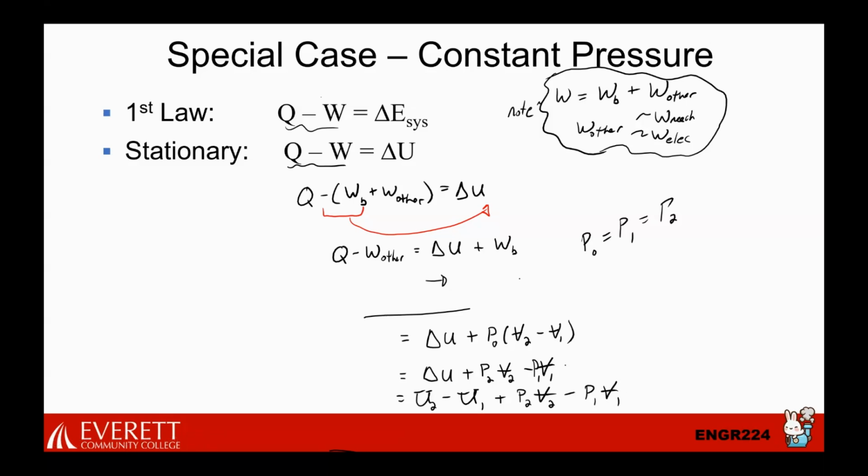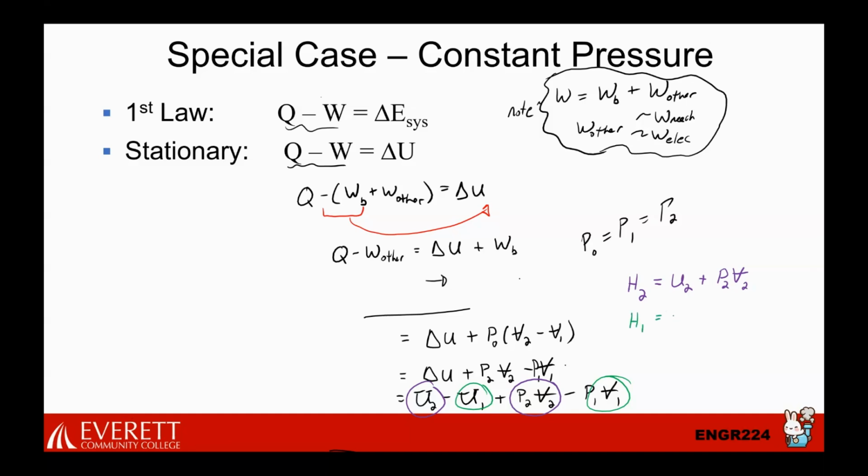So this interesting form in here is we can combine some like terms. So we can say, all right, our twos are stuff that happens at state 2, and our stuff that happens at state 1. So what we're going to designate as the stuff in there is a term called enthalpy. So enthalpy will be what's happening to my internal energy plus that pressure of volume at a boundary kind of rolled into this one term.